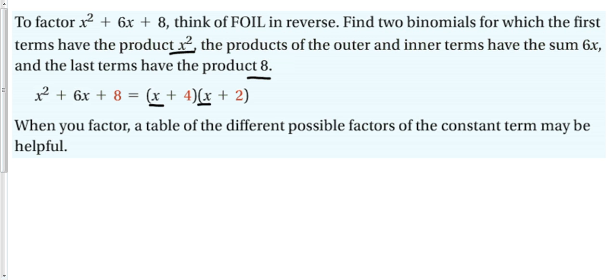Okay, so that's what we're talking about here. Two numbers that multiply together to give me 8, and when I add them together, I get 6. And I can see that it is 4 and 2, because 4 times 2 is 8, and 4 plus 2 is 6. Okay? And you might want to make a table of all the factors as a way to help you decide which one is the right answer.